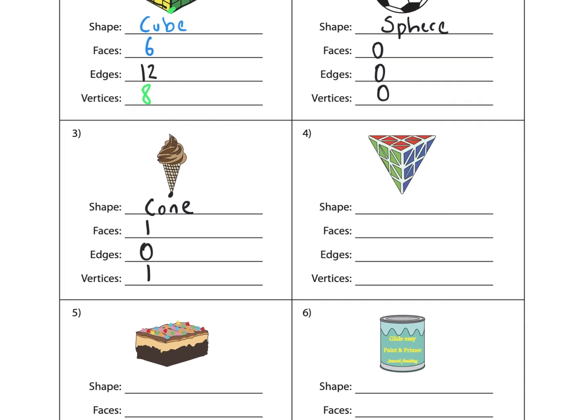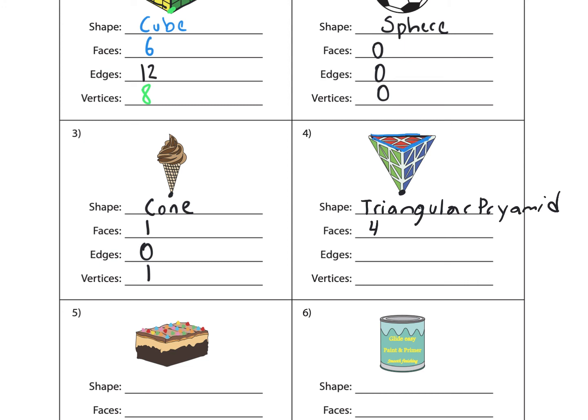This is a tricky one. Remember, this is a triangle shape, and we said if it meets at a point, it's a pyramid. So this is a triangular pyramid. And my faces, I have 3 along the side and 1 on the bottom. I have 4 faces. My edges, remember the edges are those sides there.